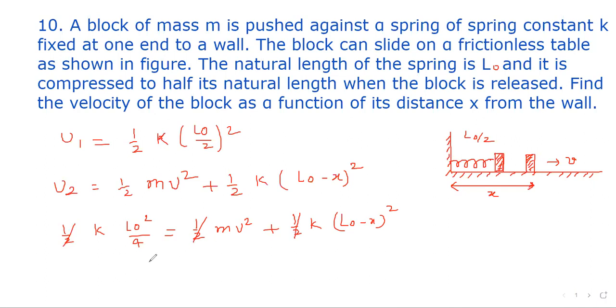Now we can write mv square equal to k L0 square by 4 minus k (L0 minus x) whole square.